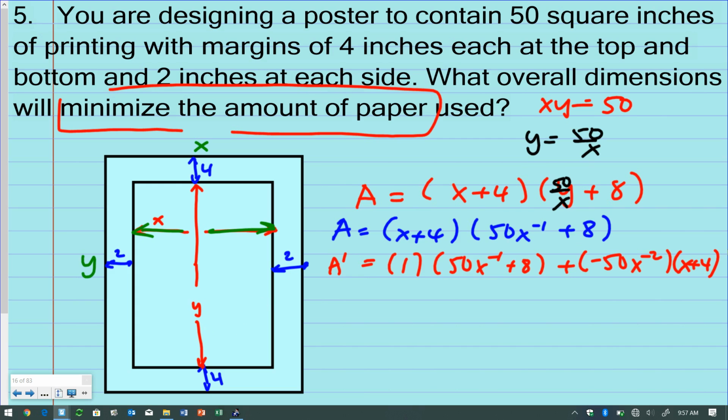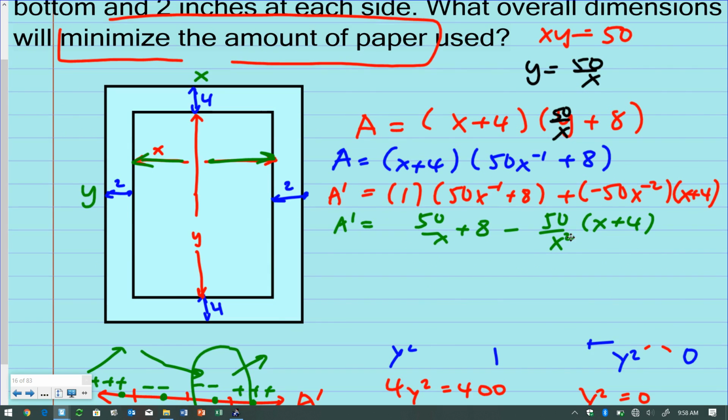And it's not really as hard. Could be, I guess. It could be harder. So I'm going to write a prime here, and this is really 50 over x plus 8 minus 50 over x squared times x plus 4. It is terrible. Okay, I'm going to distribute this 50 over x squared. Are you guys good with that? I think it'll make it a little bit easier.